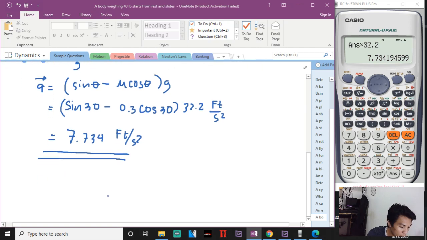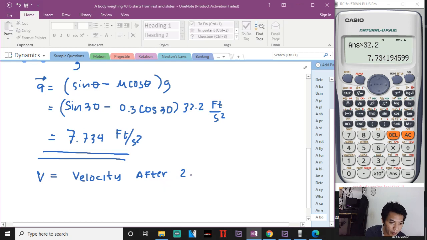Okay. Now, what is the velocity na hinahanap natin? Ito yung velocity na hahanapin natin. That is velocity after 2 seconds. Now, S, ito yung distance traveled from 2 seconds.